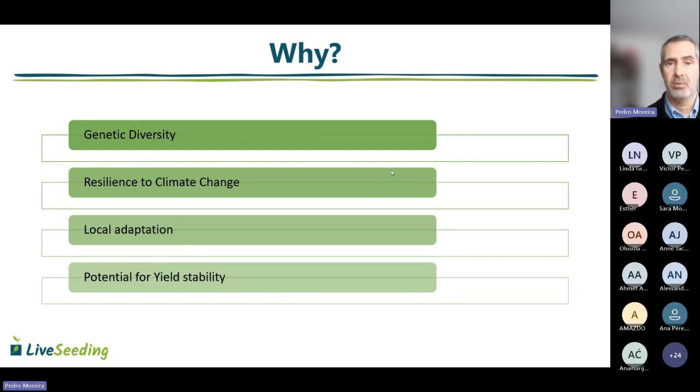According to what Professor Adrian already mentioned to you, even if we don't have homogeneous materials all with the same shape and the same color, this diversity can be important for adapting to climate change, for local adaptation, and for many other issues, and is generally more resilient and sustainable across the years and the seasons in which we use it.